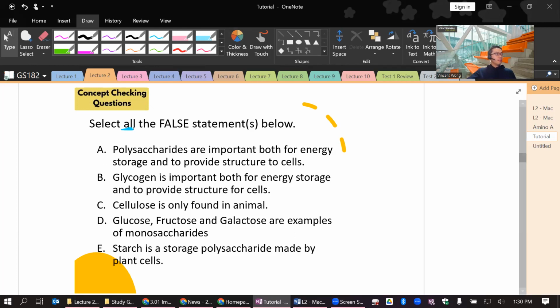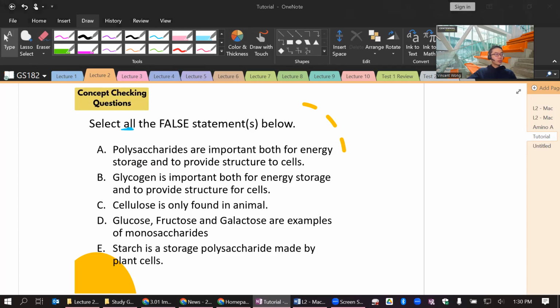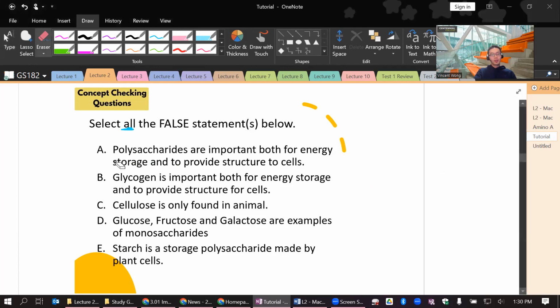All right, that was 1.5 minutes. We're going to end the poll and share the result. So A, B, C seems like a popular choice. Someone chose F, not sure why. But let's go through each one of them. We're looking for the false statements, the wrong ones. First one: polysaccharides are important both for energy storage and to provide structure to cells.